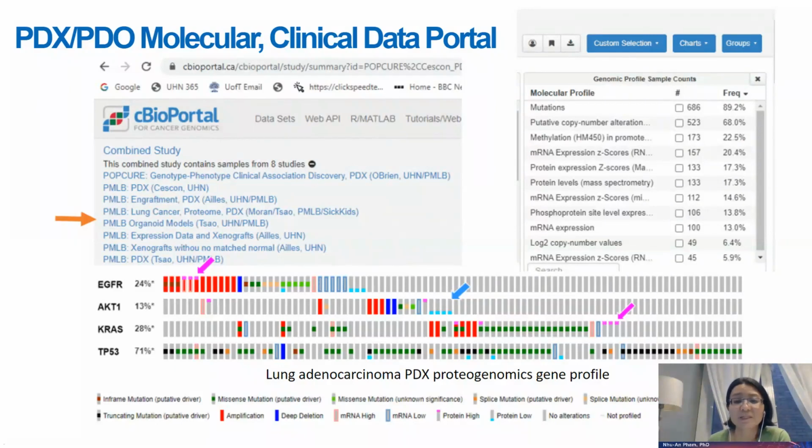Here I've just put a simple representation of some of the genes across our adenocarcinoma models. And you can appreciate that you can overlay the different DNA, RNA and protein alterations and see perhaps what is the truly underlying cause of the phenotypic drug response.